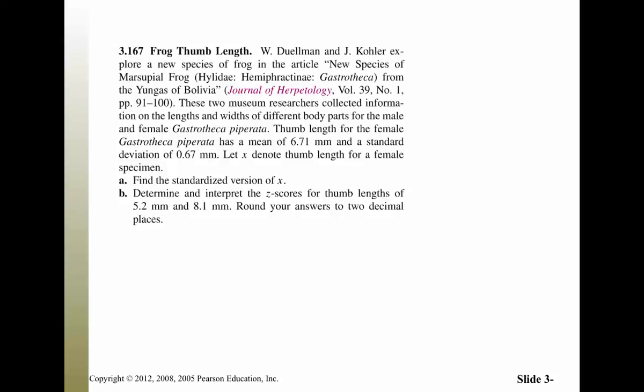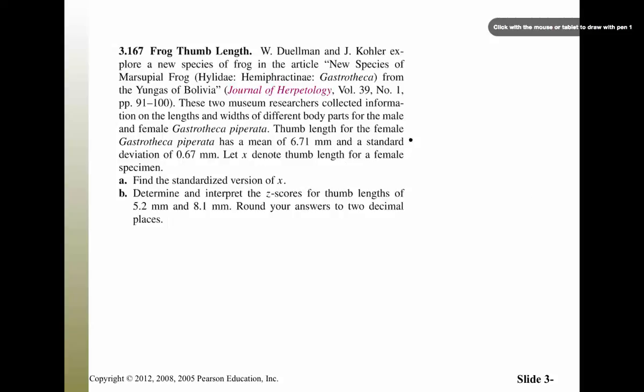Frog thumb length. Two museum researchers collected information on the lengths and widths of different body parts of male and female frogs. I won't even try to say that. Thumb length for female frogs has a mean of 6.71 millimeters, standard deviation of 0.61. So is this mean going to be mu or x bar?